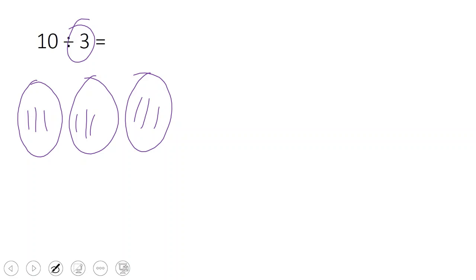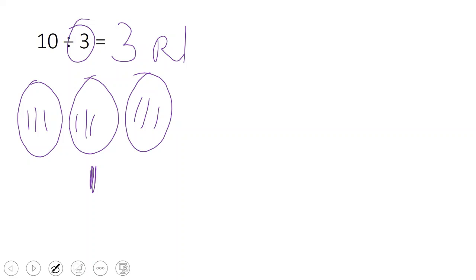I have one more piece to make 10, but I can't put one piece into just one of these groups because then the groups won't be even. So that last one is my leftover. So there's 3 in each group. There's 1 piece left over, so my remainder is 1.